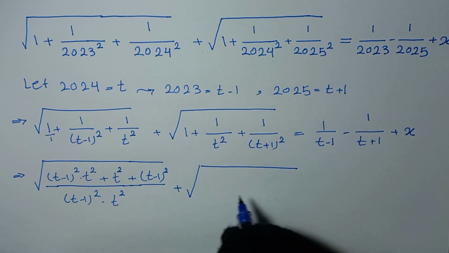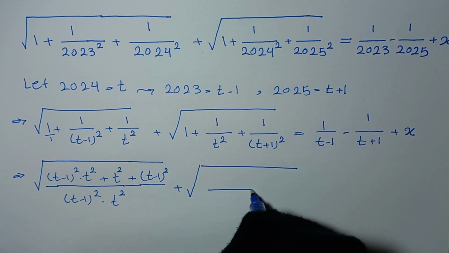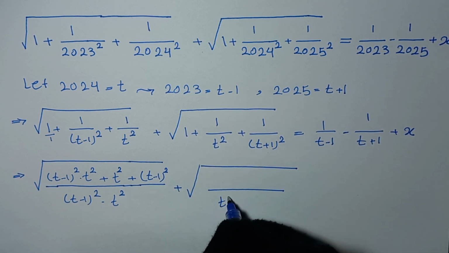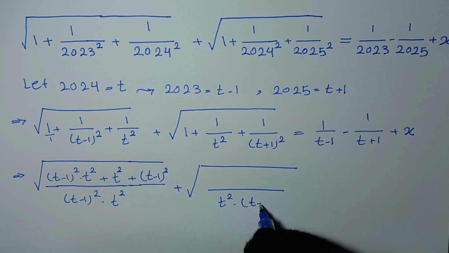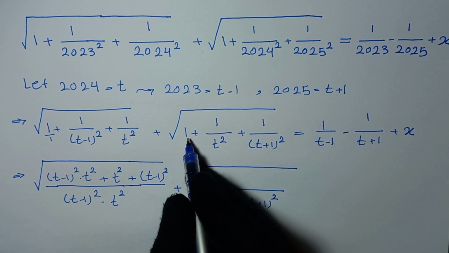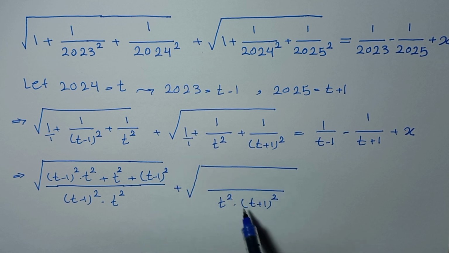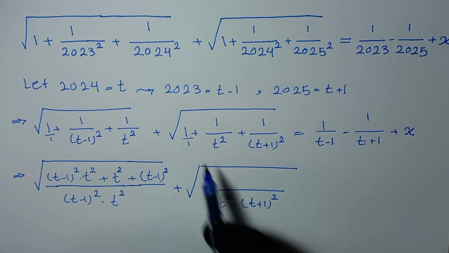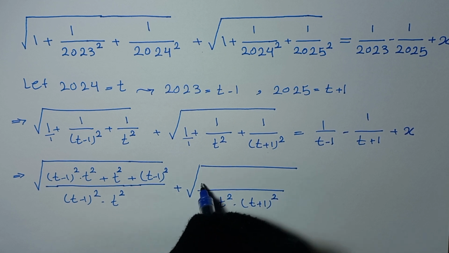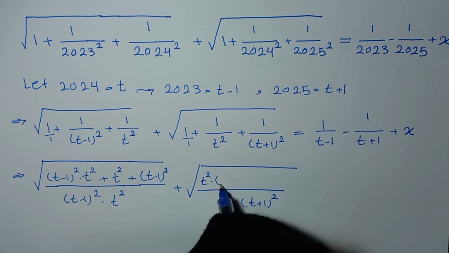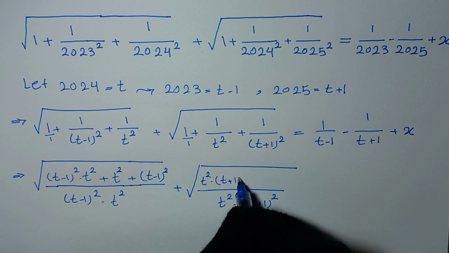in here, we take common denominator, which is t square times t plus 1 to power of 2. And here we have 1 over 1. So we multiply this numerator by this, so it will be t square times t plus 1 to power of 2.